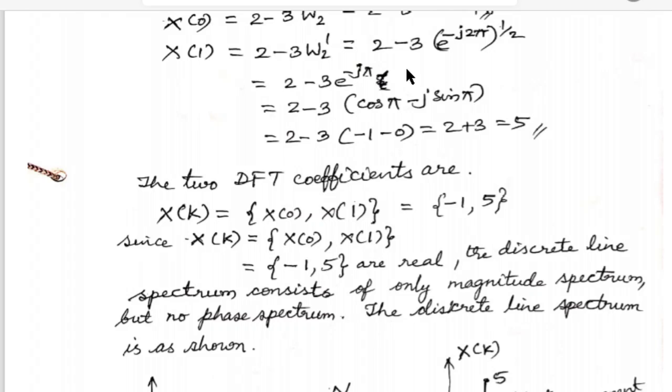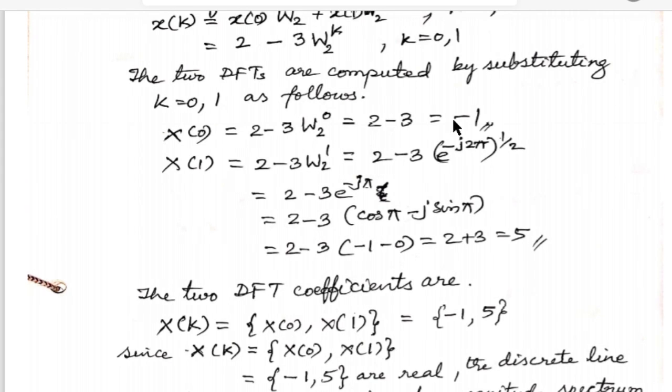DFT sequence value. But here, in the discrete line spectrum for X of n, 2 and minus 3 are shown accordingly here in the LHS, and its N-point DFT happens to be minus 1 and plus 5.